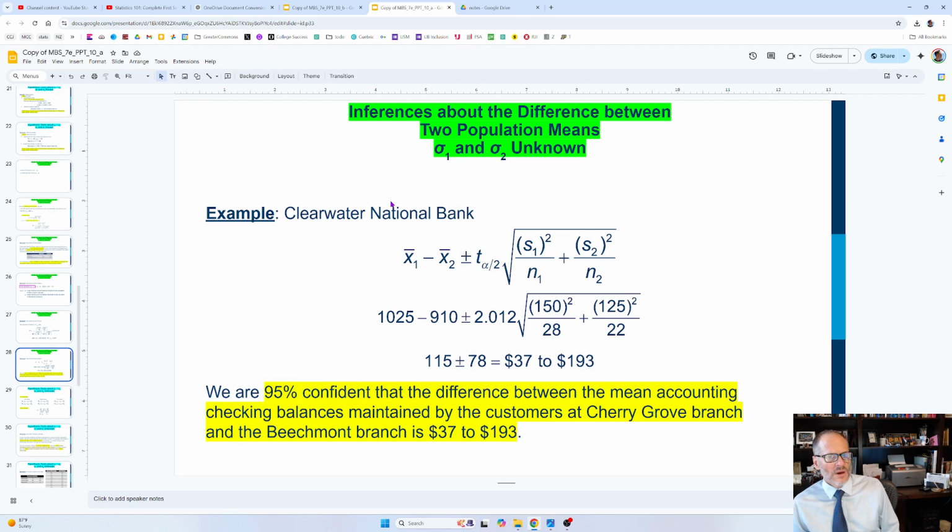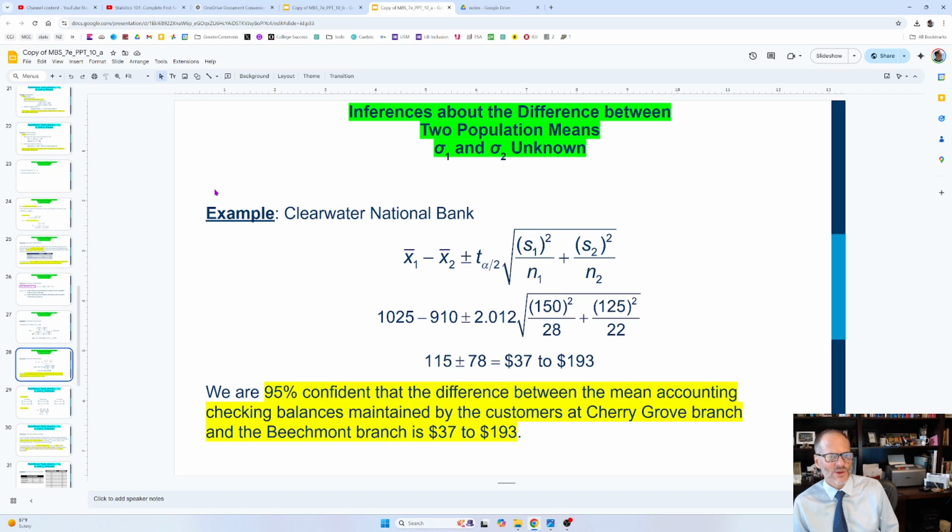So that's working with making inferences about the difference between two population means when the population standard deviations for each of those populations is unknown. All right, so again, what we're learning here is we're learning tools, and they're tools for different situations. If you got to pound a nail, you got a tool for that. It's a hammer. If you got to drill a screw, you got a tool for that. It's a drill.